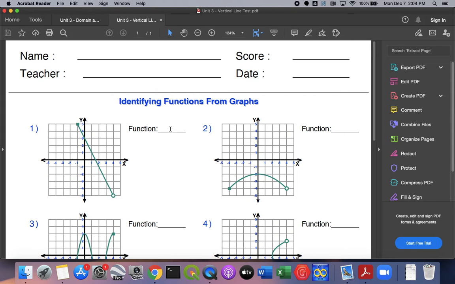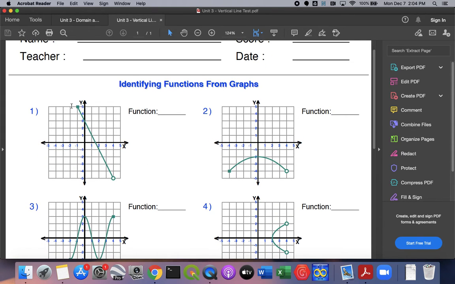This is the other homework that we have. The vertical line test simply says if I draw vertical lines, so let's say I go straight down right here, that I'm not going to encounter the line more than once. See this blue line? So if I draw straight up and down lines, doesn't matter where I draw it, I only hit it once. That tells me that every x only has one y.